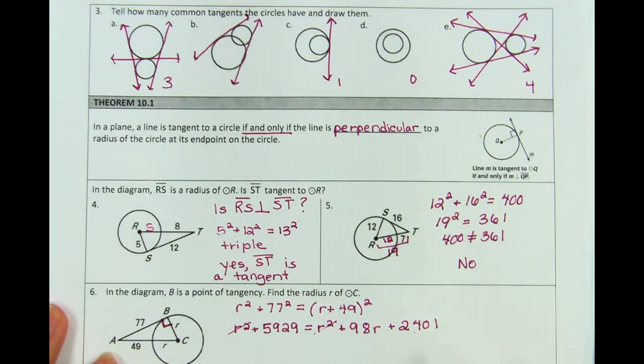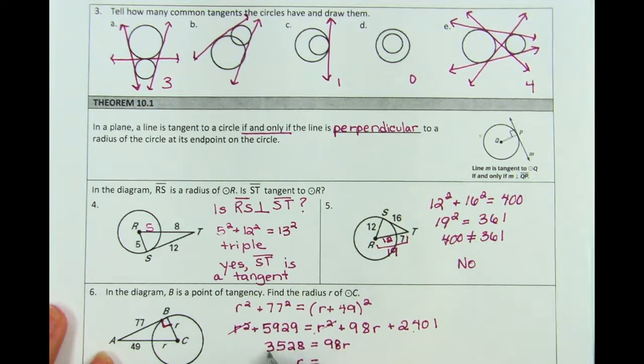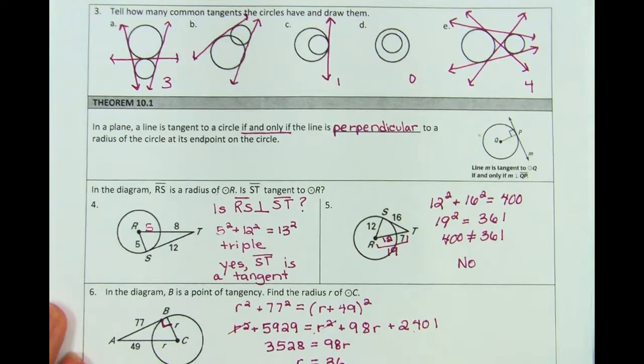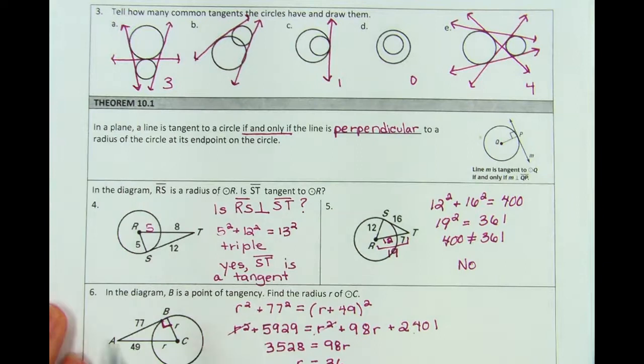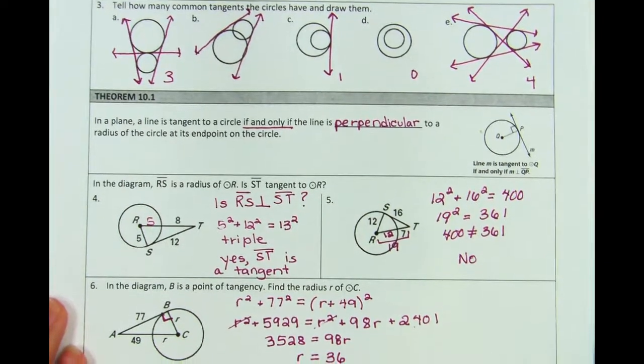Moving the 2,401 over, I'm left with 3,528 equals 98r. So r equals 3,528 divided by 98, which is 36. So the radius is 36. And we just use theorem 10.1 and the Pythagorean theorem.